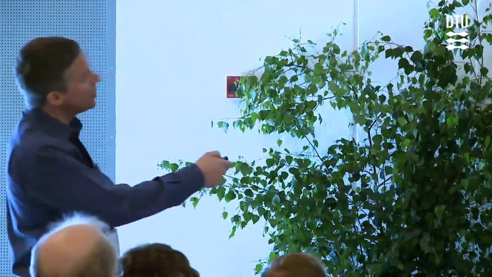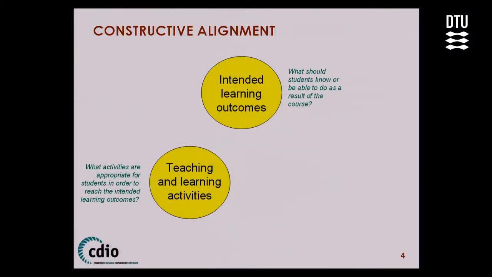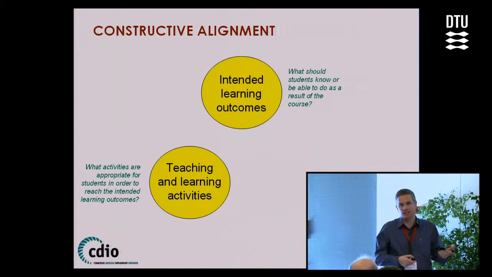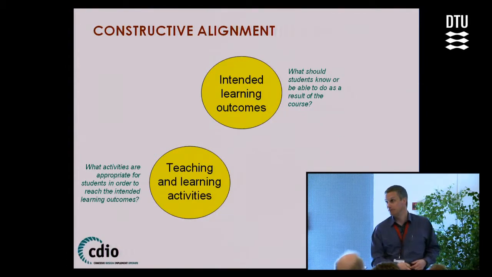So bearing in mind the learning outcomes, we design teaching and learning activities, learning experiences for the students to go through that are aligned with those learning outcomes. There's no point in designing something which is going to get them to learn something else if this is what you want them to learn.